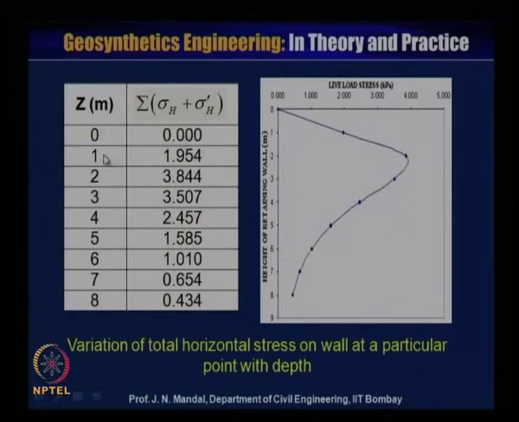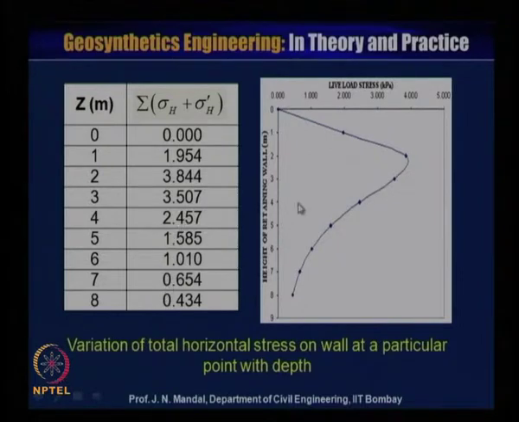So we can see that with respect to the depth, the horizontal stresses are initially increasing, reach some maximum value, and then you can see that the value is decreasing.